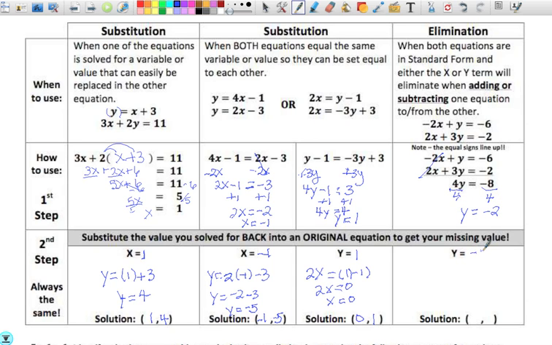So if y is negative 2, I'm going to plug it back into one of the original equations. I'm going to pick the first one just because it doesn't matter. You could pick the second one. So I get negative 2x plus, and I'm going to put parentheses. I like to do that for whatever I substitute. Negative 2 equals negative 6. And then I solve as normal.